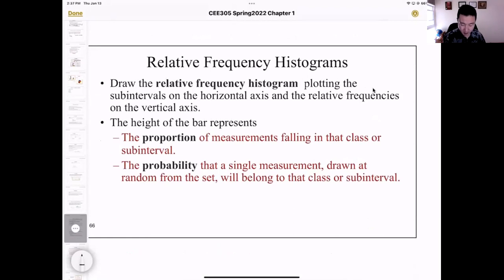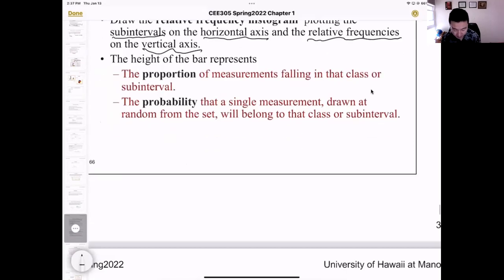The horizontal axis, the x-axis, should be the subintervals, and the vertical axis will be the frequencies or the relative frequency. And the height of the bar shows us the proportion of the measurement in that certain subinterval, or the probability a single measurement will fall into that interval.